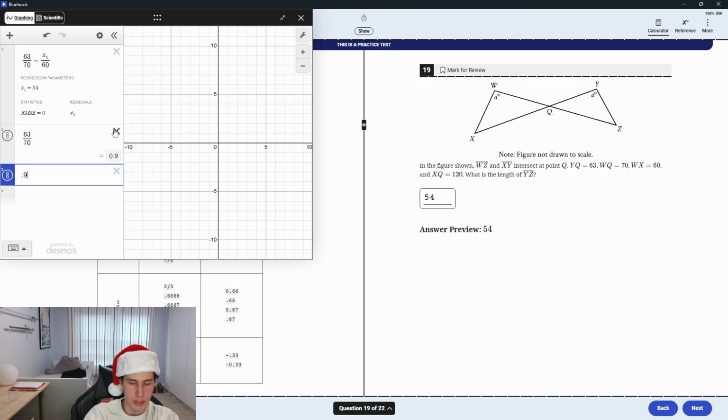So what is 0.9 times 60? 54. So since this triangle QYZ is 90% of the size of WXQ, then you can just do that times the side WX, and see that is 54.